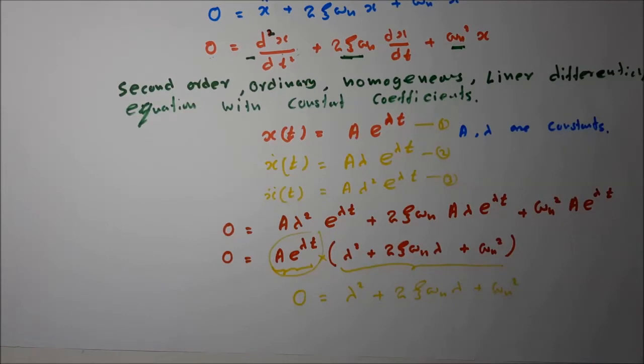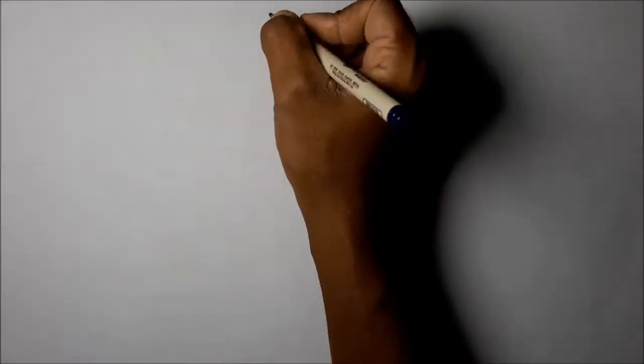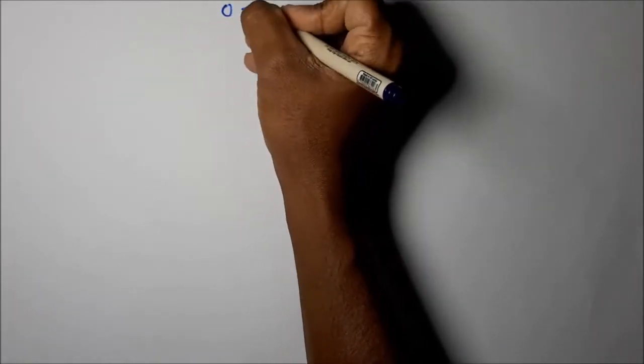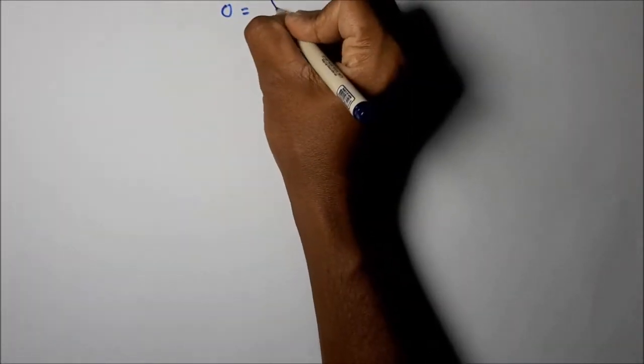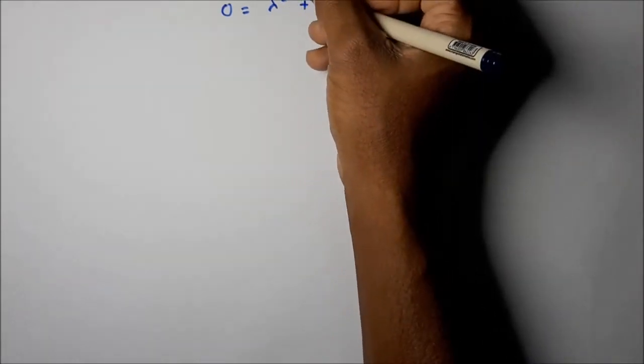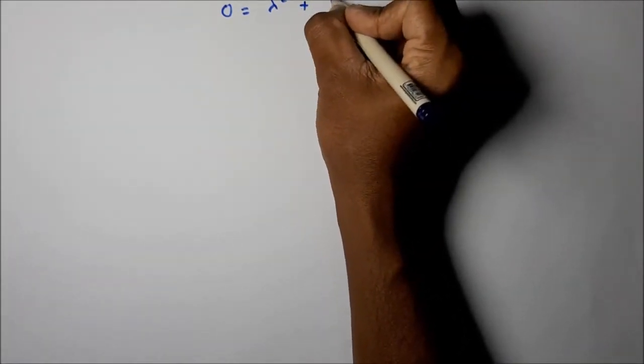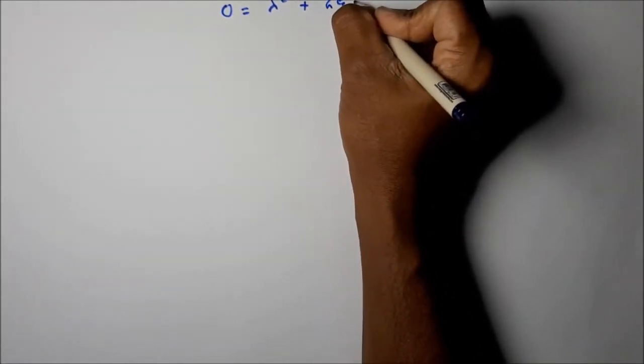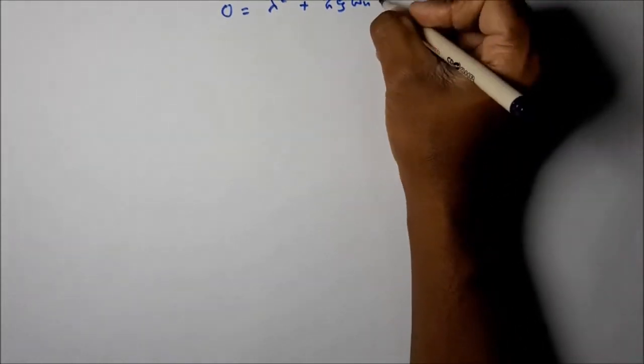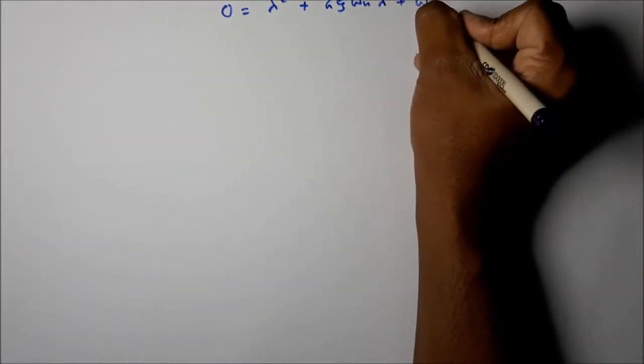What is the equation we got? 0 is equal to lambda square plus 2 zeta omega n into lambda plus omega n square.